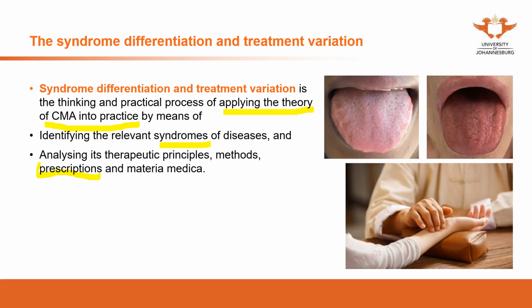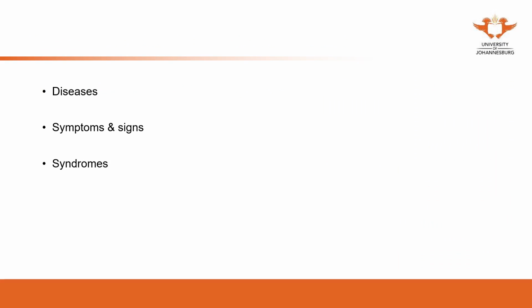In order to understand syndrome differentiation and treatment variation, we are going to separate them into two aspects. Firstly, the syndrome differentiation. The first question is, what is a syndrome? Diseases, symptoms or signs, and syndromes. Firstly, we need to clarify the differences among these terms.